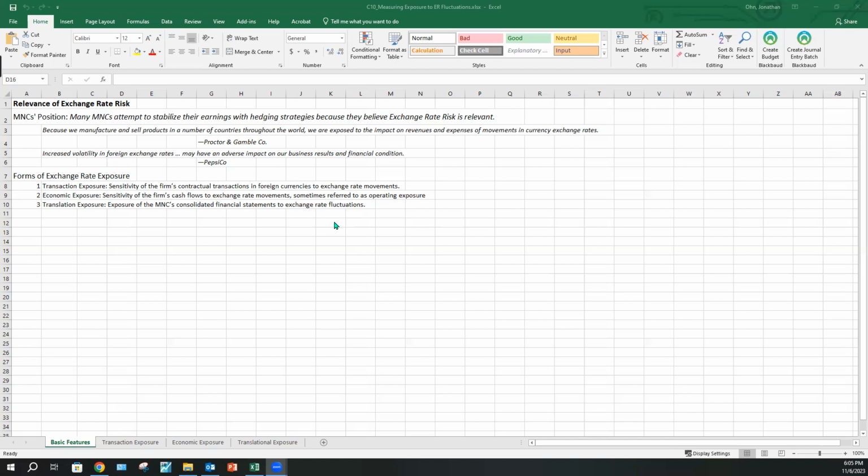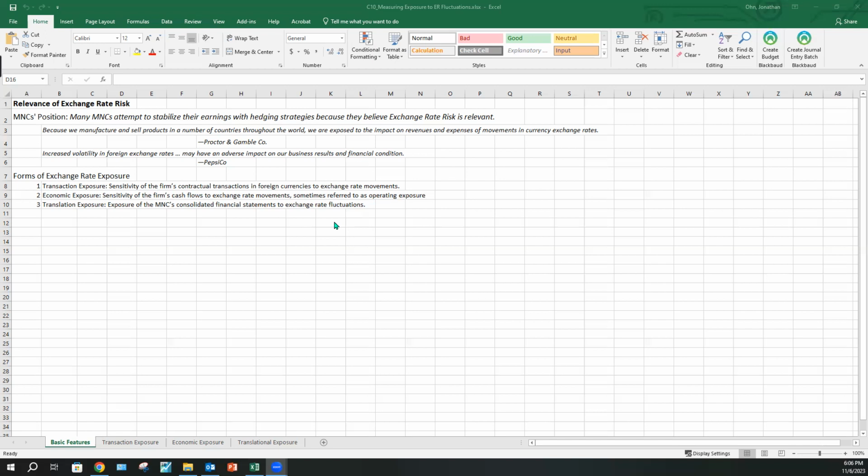So naturally, many multinational corporations attempt to stabilize their earnings with hedging strategies because they believe exchange rate risk is important and relevant, right? A couple of examples of corporate opinions on exchange rate risk are as follows.